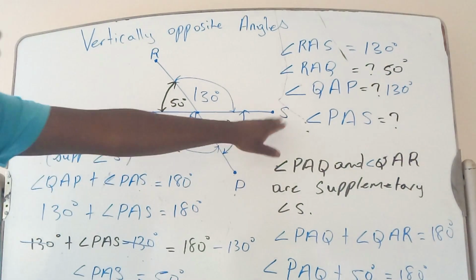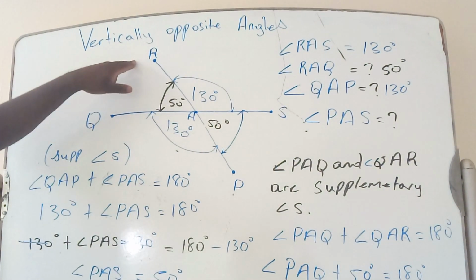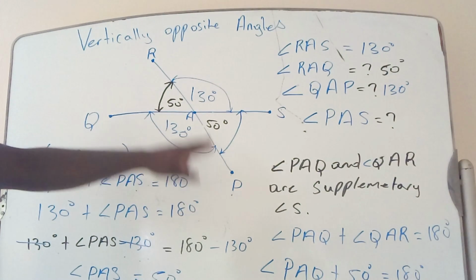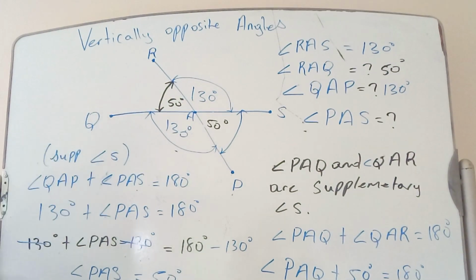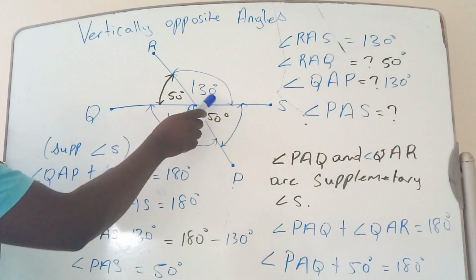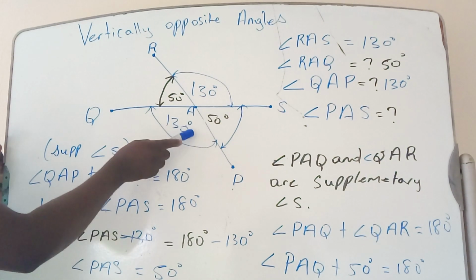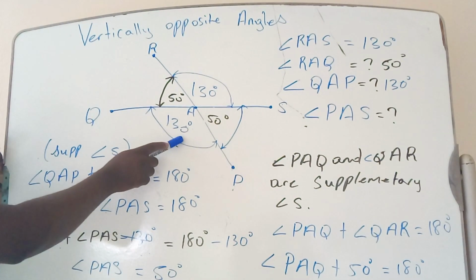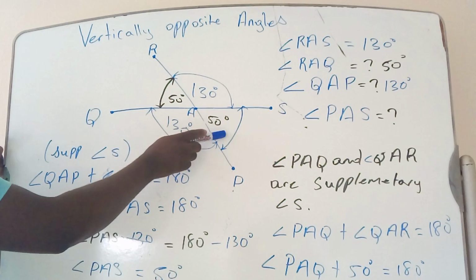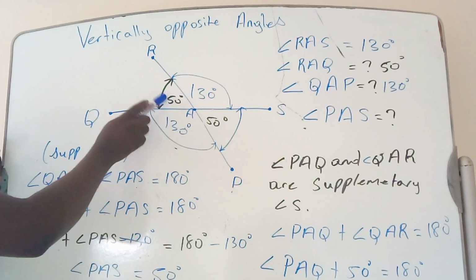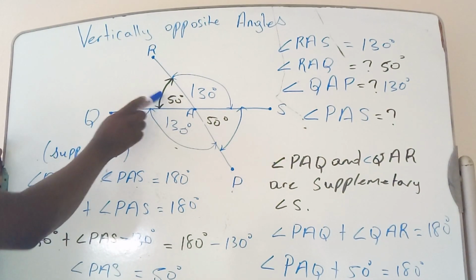Likewise, angle SAR is equal to angle PAQ. So note, this angle is 130 and the vertically opposite angle is also 130, and this angle is 50 degrees and the vertically opposite angle to it is also 50 degrees.